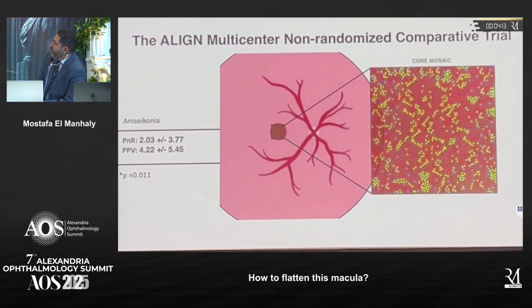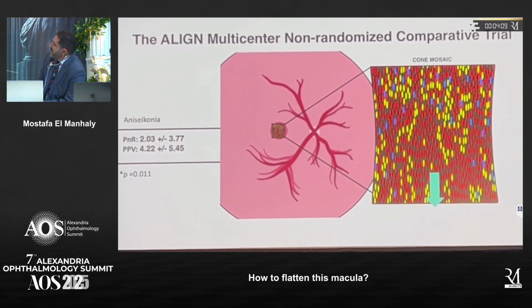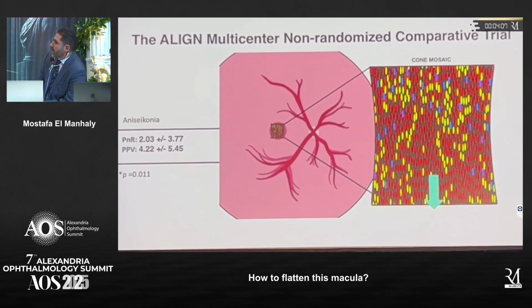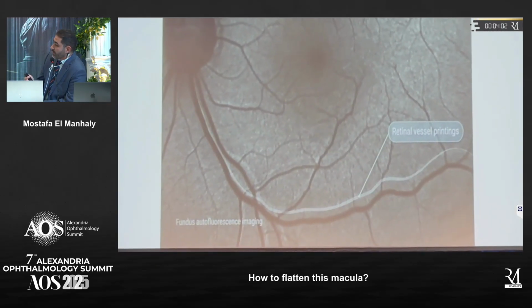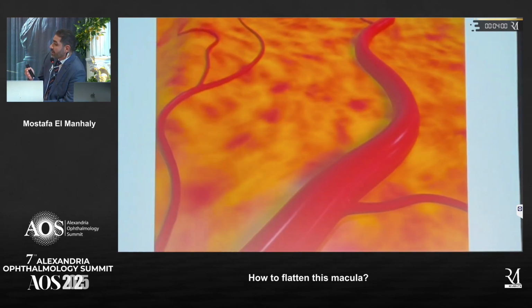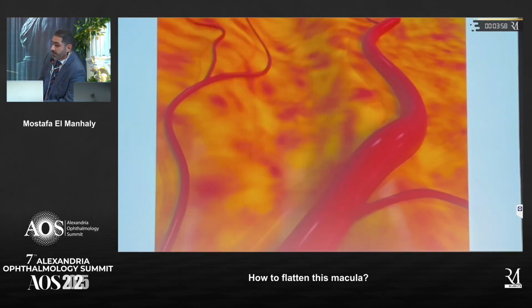This is the cause of what patients report after vitrectomy, especially that they report aniseikonia, that objects look smaller or larger, because of this change in the position of the retina and the retinal vessels and the change in the mosaic of the cones.